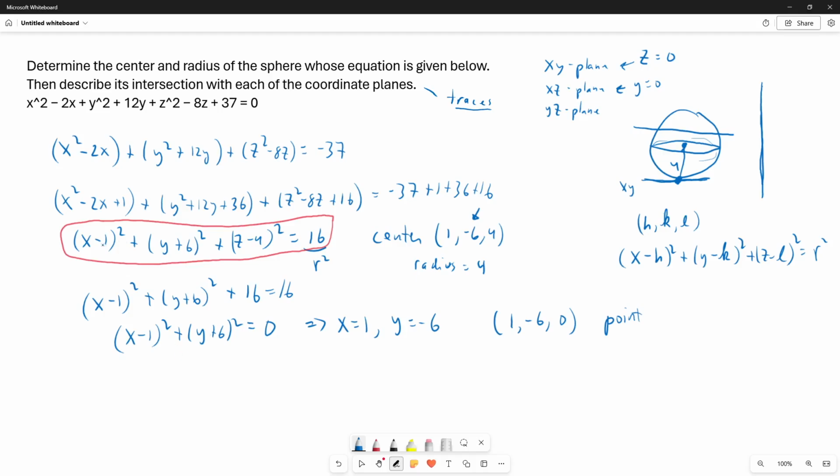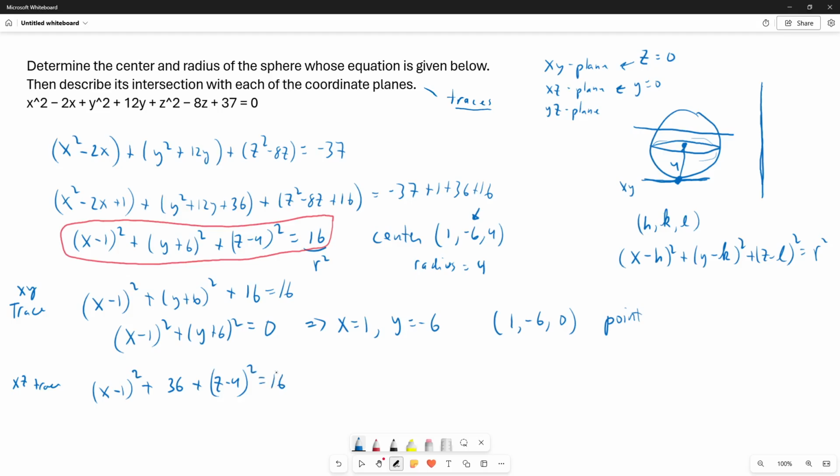Let's see. So we're going to put y equal to 0. We get (x minus 1)... So this was the trace in the xy plane. We'll call that the xy trace. And now we're looking at the xz trace by letting y equal 0. 0 plus 6 is 6, squared is 36, plus (z minus 4) squared.